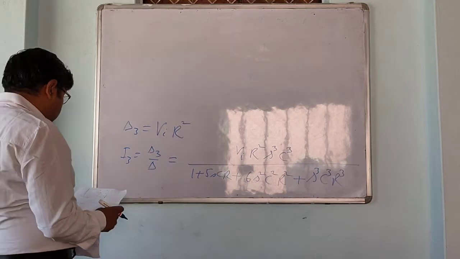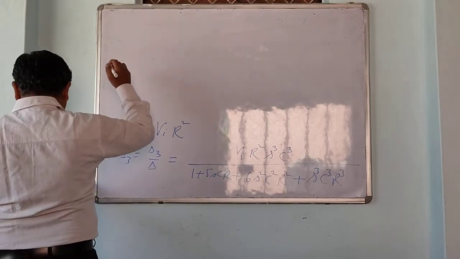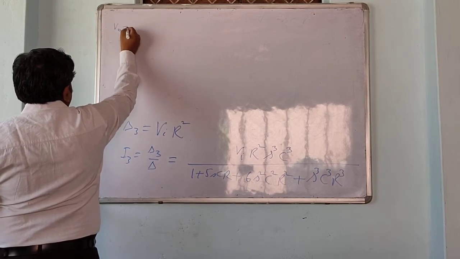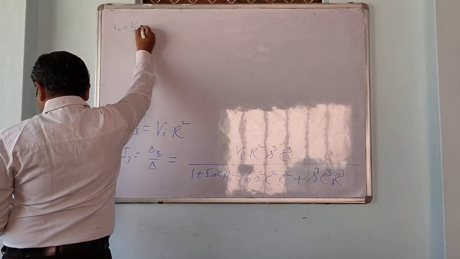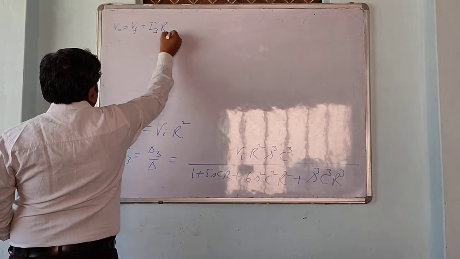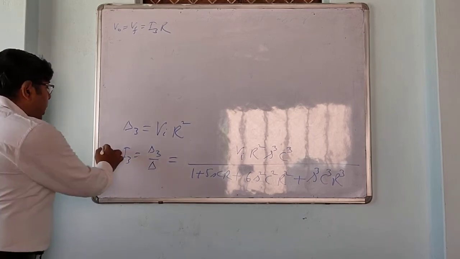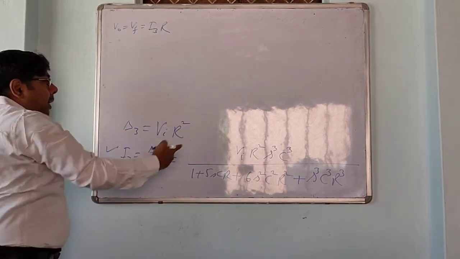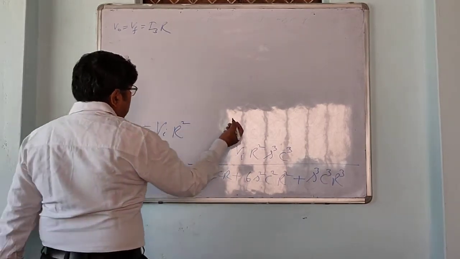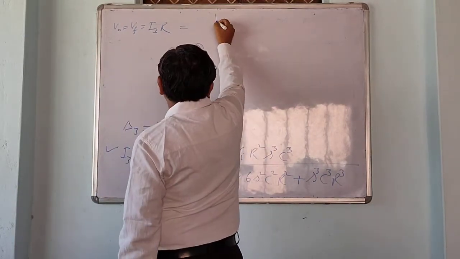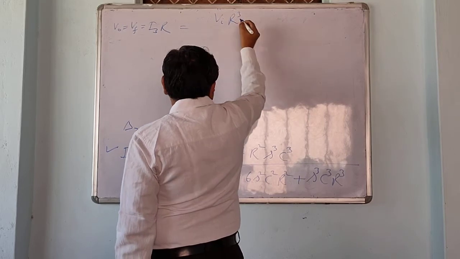Now you have to calculate V0, which is Vf. Obviously this is I3 into R, because voltage is obtained by this equation. So you know I3, simply multiply by R, you will get the voltage. So this is very simple. Simply multiply this, now R cube.